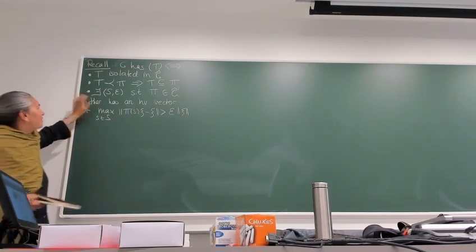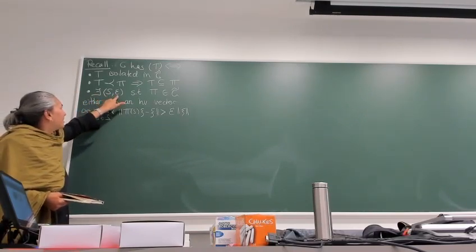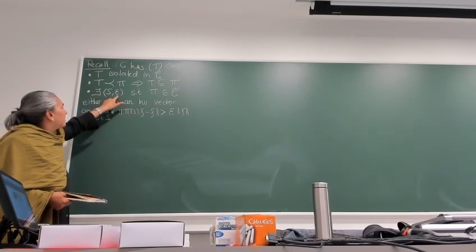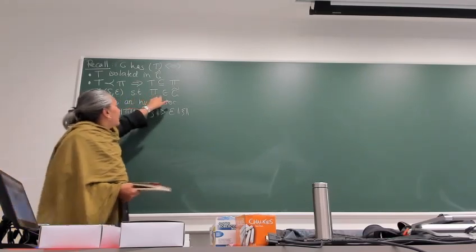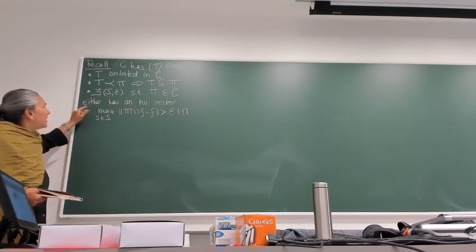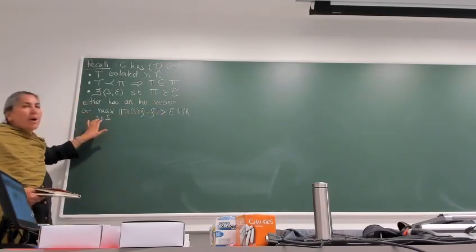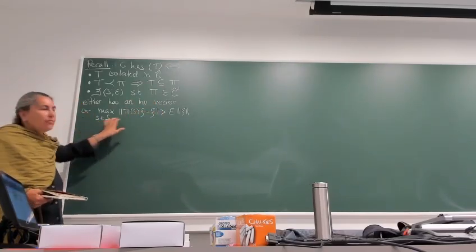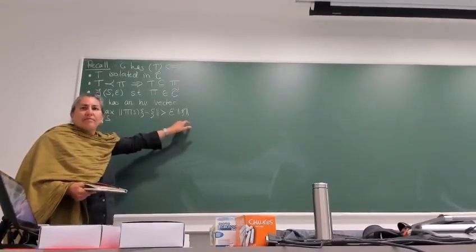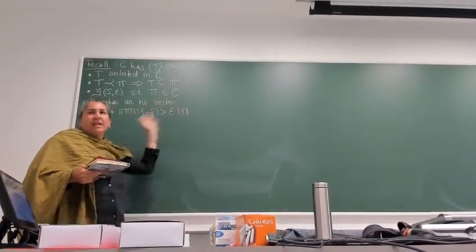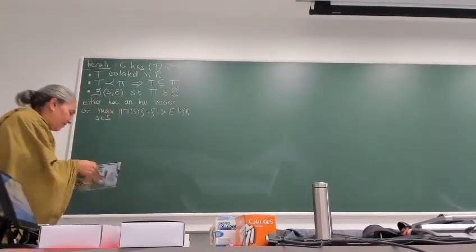It means that you can find a finite set and an epsilon greater than 0 such that each time you have a representation, either it has an invariant vector or at least one element has to move the vector far away.